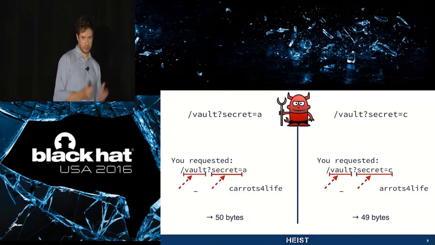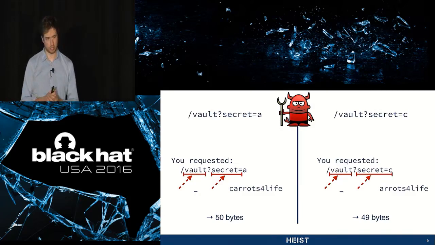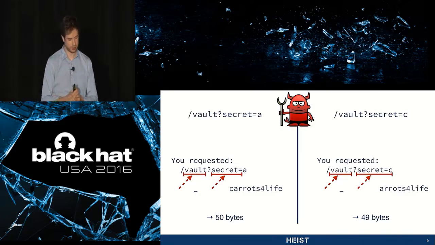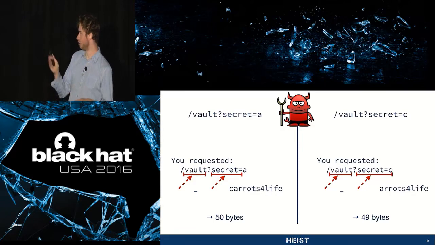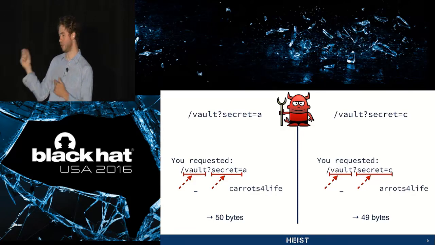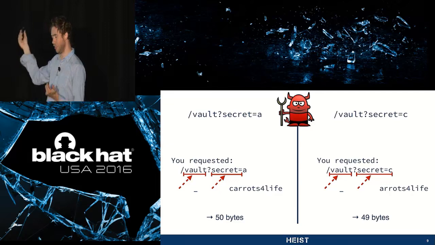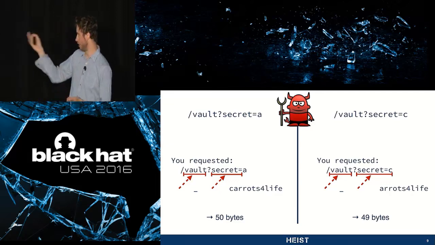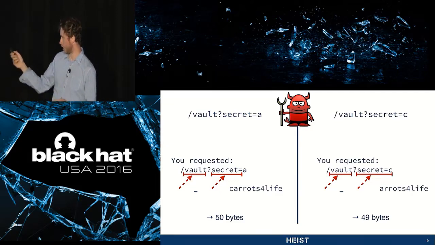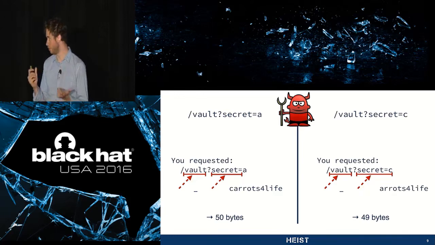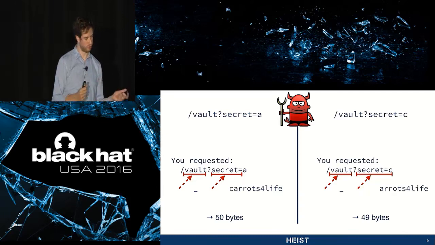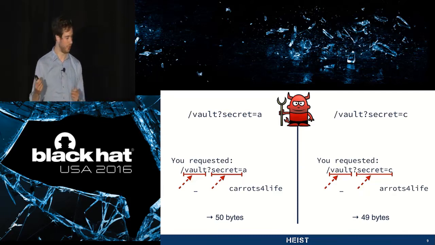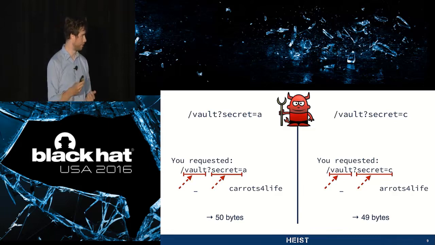Now, as an attacker interested in the vault secret, he will do something like this. He will send out multiple requests. So he will start with /vault secret equals A, and then A, B, C, and so on. So with A, you can see that again the vault string is compressed with a back reference, but also the secret and equal sign is compressed with a back reference.